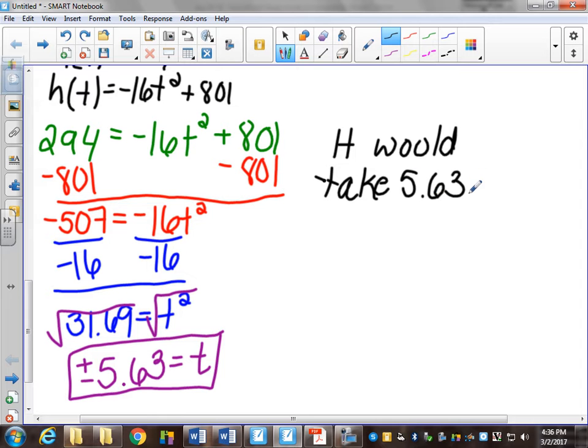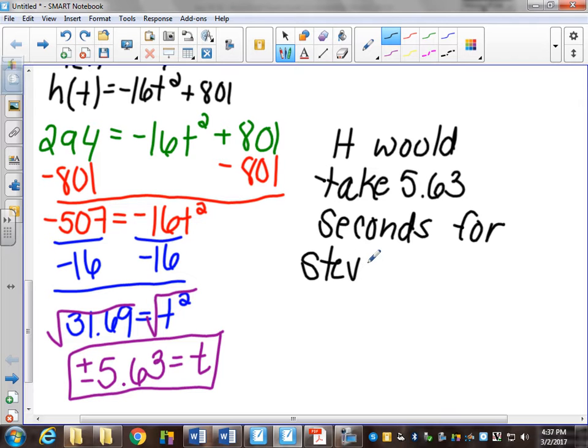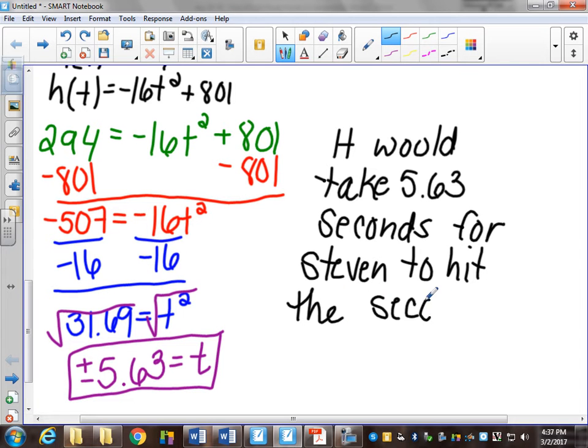Notice how it's positive because time is always positive. Okay?